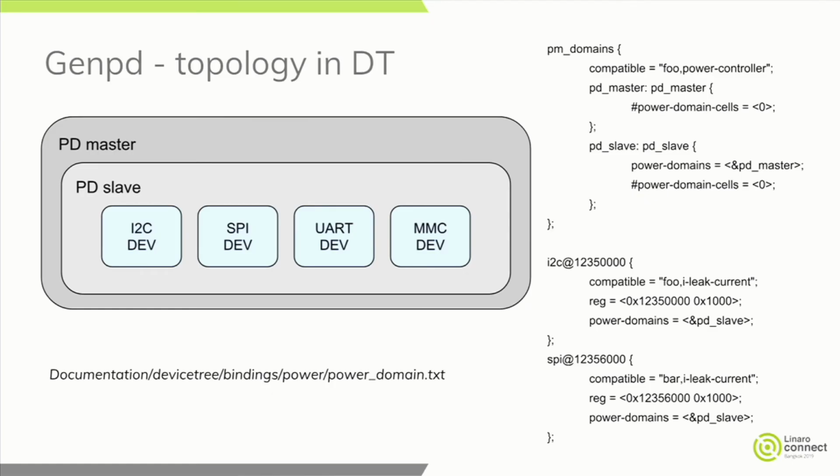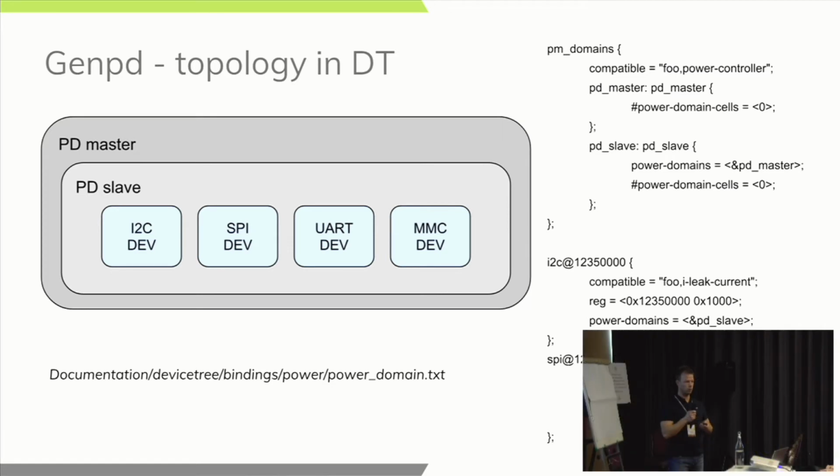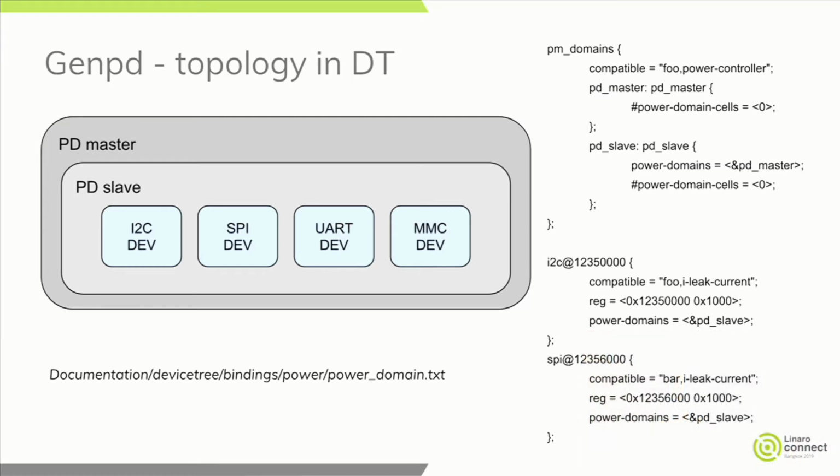So this is what is supported in Genpd from a device tree point of view. These bindings are there and are free to be used. So you can actually specify the PM domain topology here. You can specify the PM domains, and if you have a hierarchy there, you can specify that.